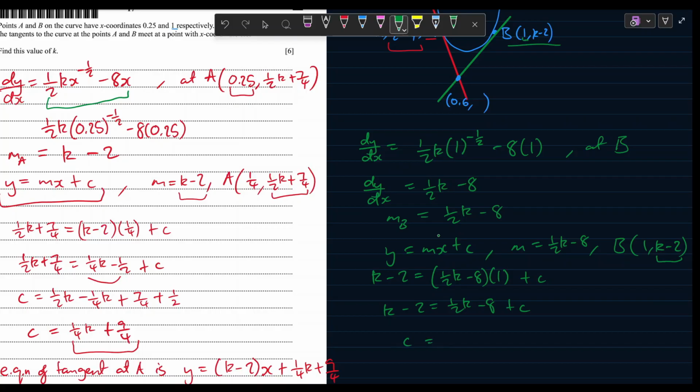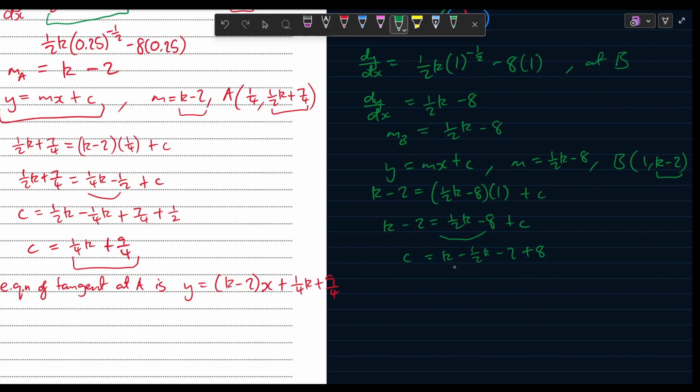So we've got k minus 2 is equal to half k minus 8 plus c. So c is equal to k minus our half k minus 2. And when this goes there, it becomes positive. So we have that c is equal to k minus a half k, which gives us a half k, then minus 2 plus 8 gives us a positive 6.